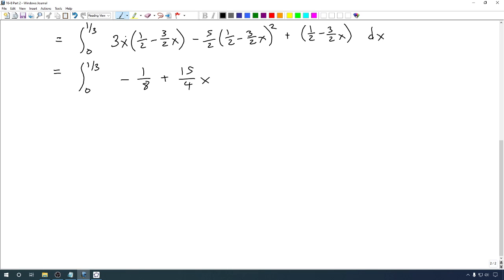Though actually, since that and that canceled directly, this is just going to be the middle term of our square. Finally, we have a minus 81/8 x squared. Mostly because when we square the 3/2 x here, we got over 4. We had the 2 there. That gave us an over 8. So we got some big numbers going on here.